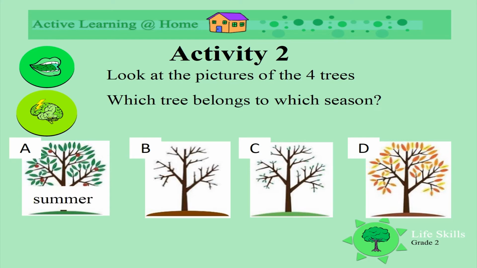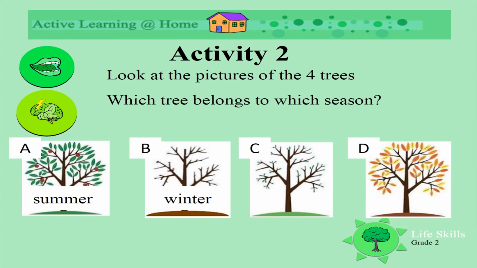Summer. I heard you say summer. That's fantastic. Now let's think about B. What season is B? The trees are all brown and dark. Which one should we choose? What did you say? Oh, yes, you said winter.